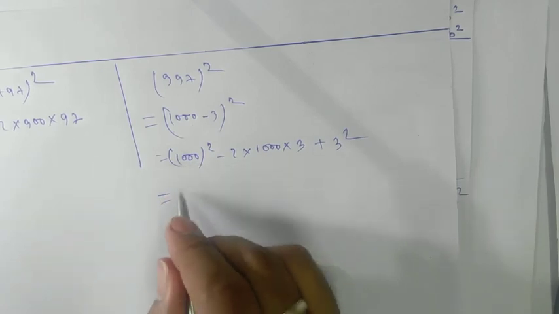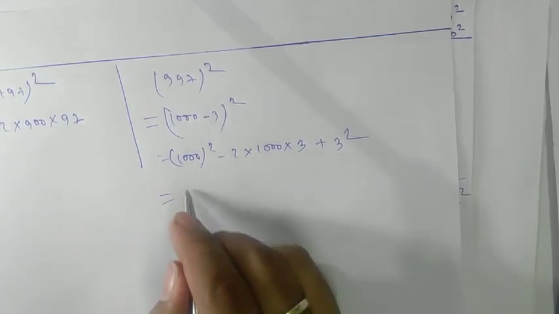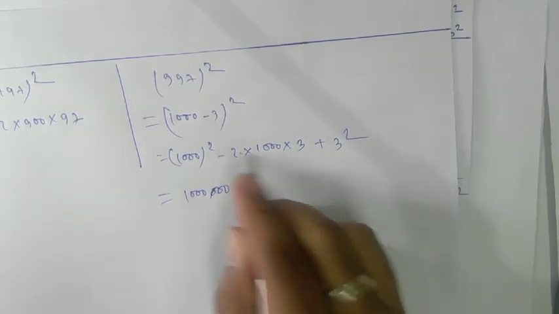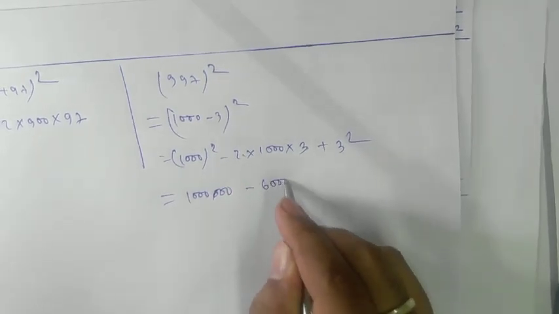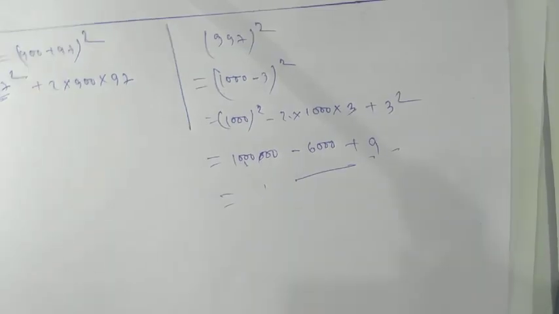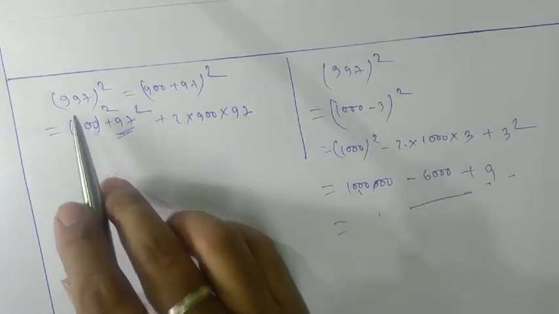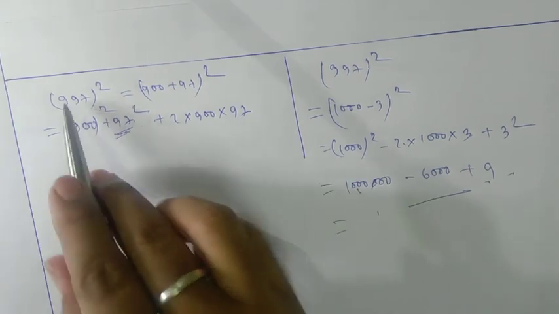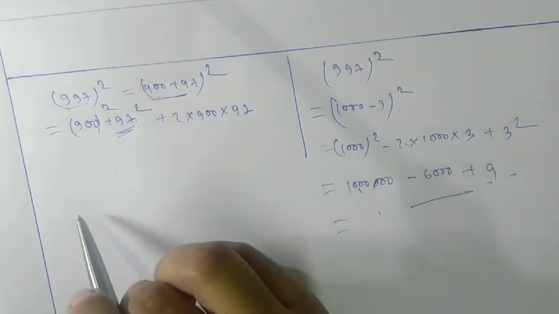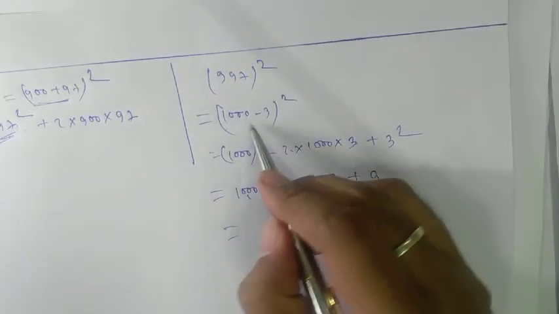You don't have to multiply much because 1000 square, then 2 times 1000 into 3 is 6000, and 3 square is 9, you will get your answer after solving. So if you express the number in the other way, it will be difficult for you. That's why we are choosing this one.